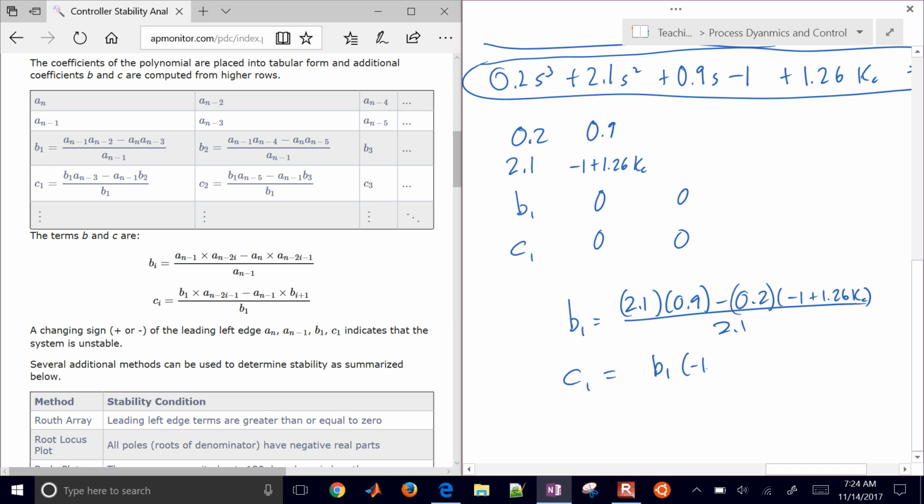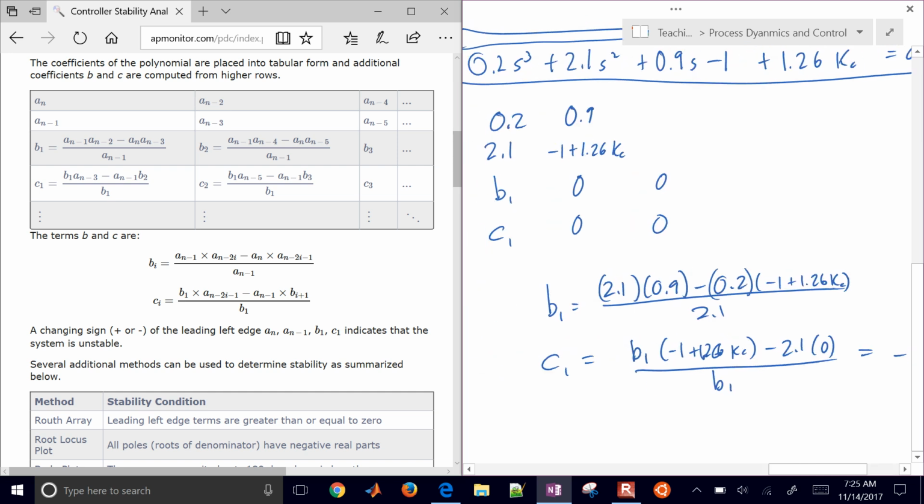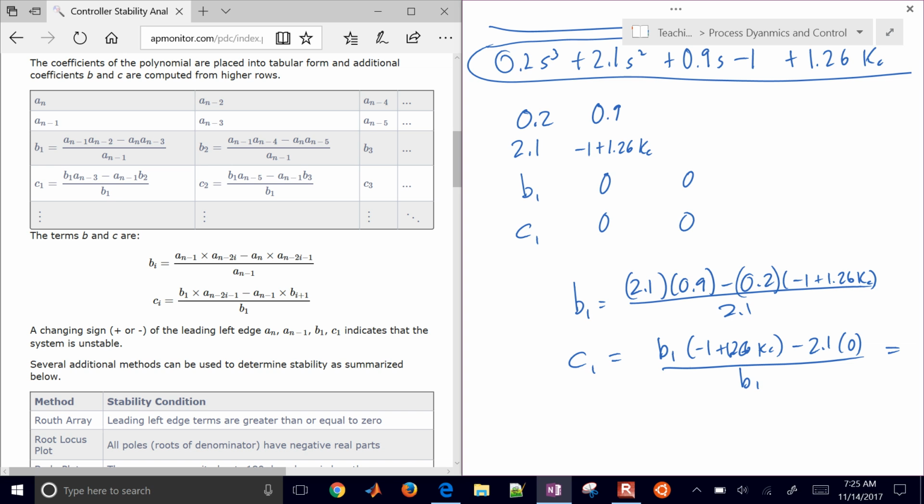And then C1 is going to be equal to B1 times -1 plus 1.26 kc, and then minus 2.1 times 0 divided by B1. So C1 is just going to be equal to -1 plus 1.26 kc. Okay, and the other ones are going to be 0, as I mentioned.